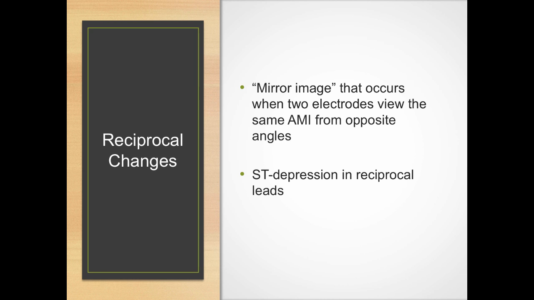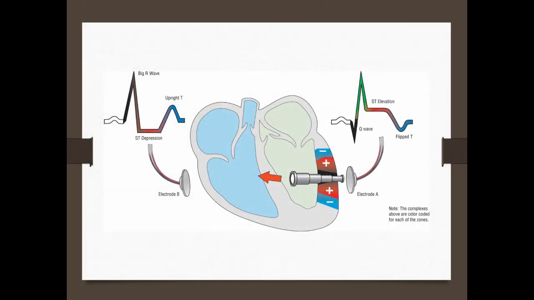So we're going to have ST segment elevation in one lead, but ST segment depression in another lead, in that reciprocal lead, because it's on the opposite side of the heart. So I've got ST segment elevation over here because I'm looking this way, and then my opposite window looking this way is going to see ST segment depression.